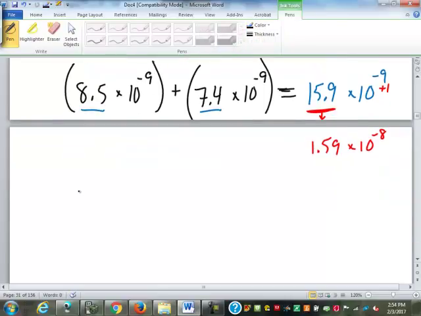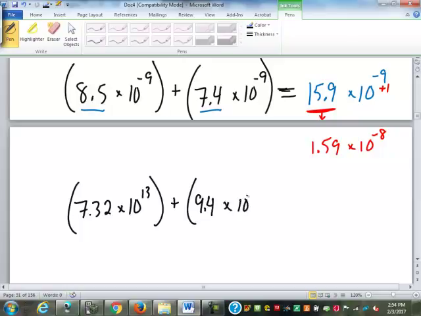So now what do we do if we don't have the same power of 10? What if we have 7.32 times 10 to the 13th plus 9.4 times 10 to the 12th? Well, generally, we adjust those to the larger power of 10.